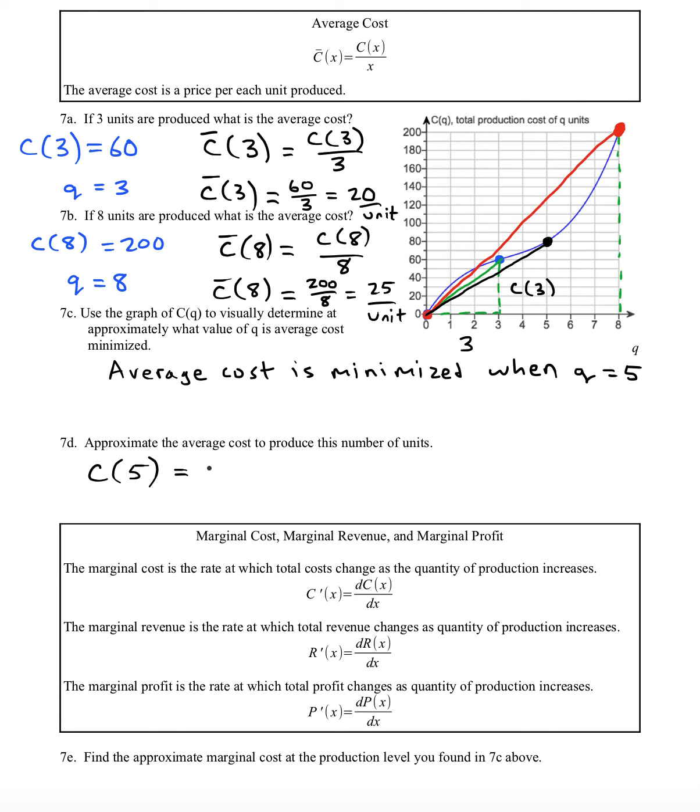C of 5 is about 80, and let Q equal 5. So the average cost of 5 will be C of 5 over 5, which will be 80 over 5, 16 per unit.